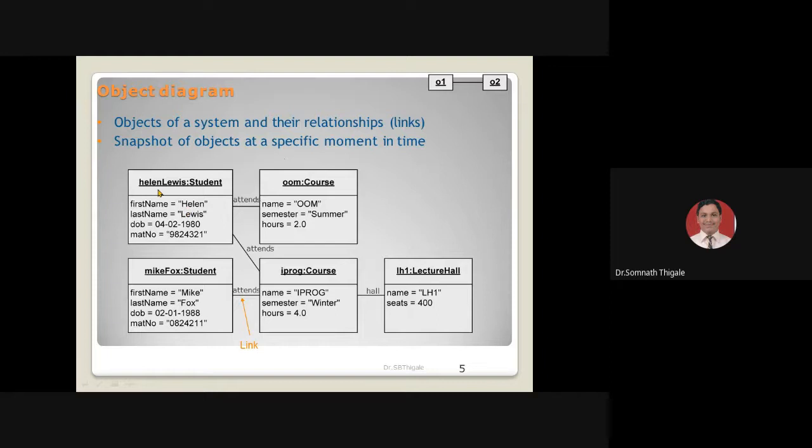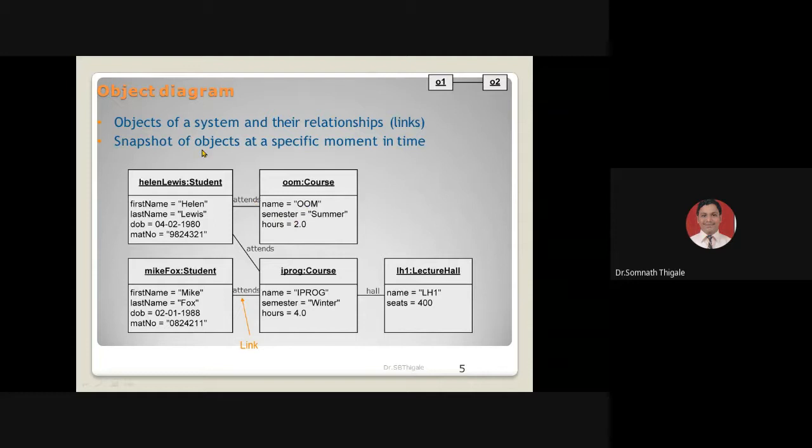So this is just an object from the class Student, Helen Lewis. The course, this is also one more object, OOM, Object Oriented Modeling. Just understand: from the courses, I have selected this particular course in the present semester, and this particular student Helen, having the attribute Lewis, date of birth, and a number, is attending this particular class.